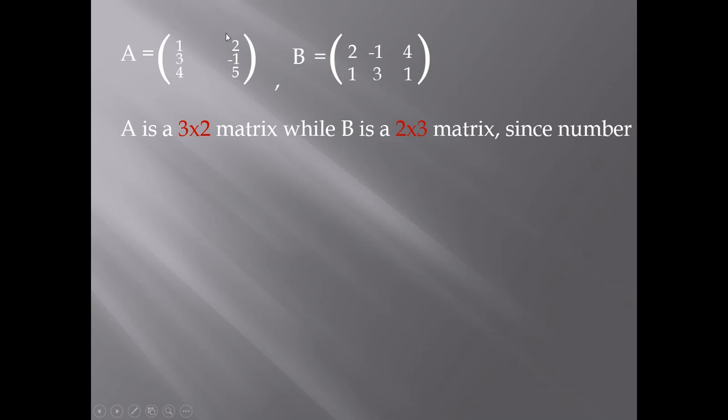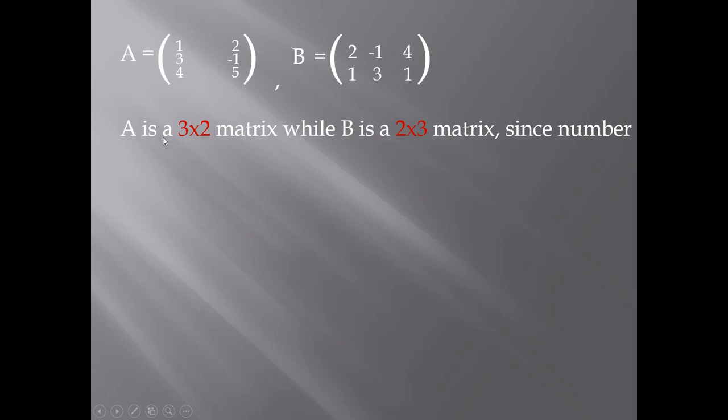First column, second column. First column, second column. So it is a 3 by 2. 3 rows and 2 columns. Come to this. How many rows? 1, 2. 2 rows. And how many columns? 1, 2, 3. So this is a 3 by 2 and this is a 2 by 3.